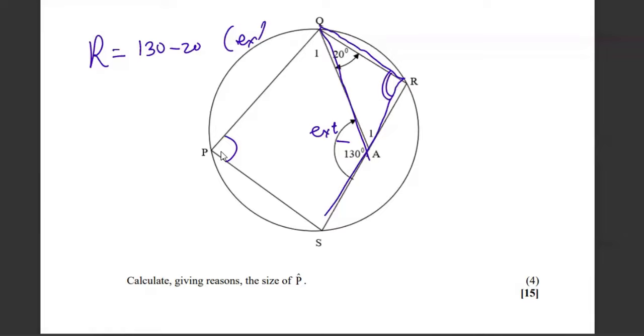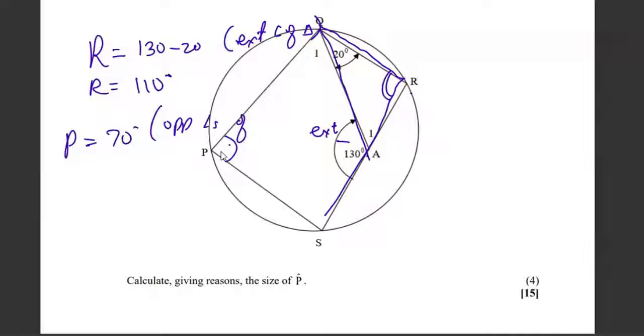That's the exterior angle of a triangle, meaning that R should be 110. So if R is 110, then P is going to be 70. Opposite angles of a cyclic quad. Okay, so that is how those 4 marks would have been obtained.